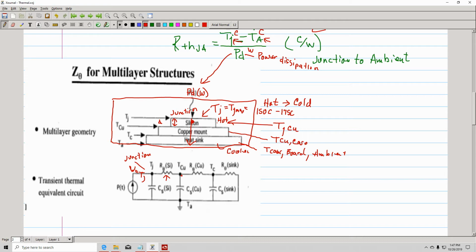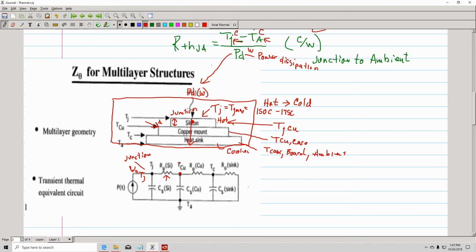Then this node is the temperature at the copper, and you have a resistance that represents the thermal resistance from the copper to the case.